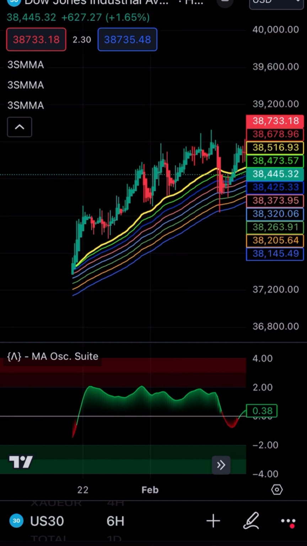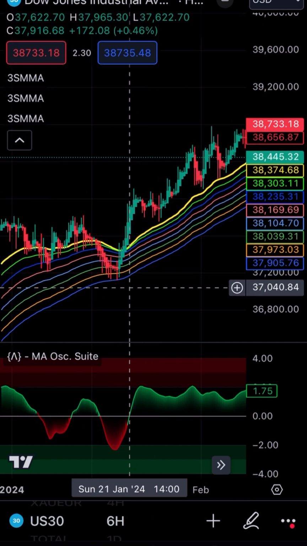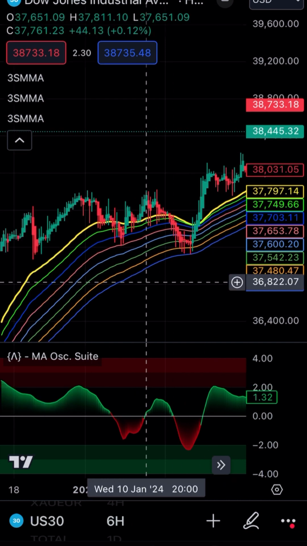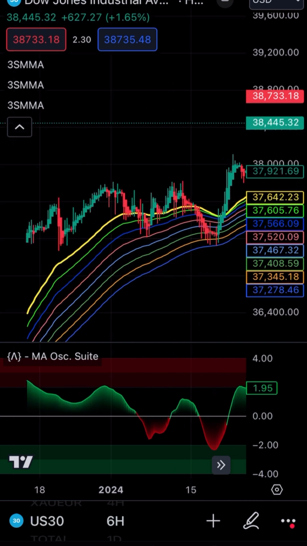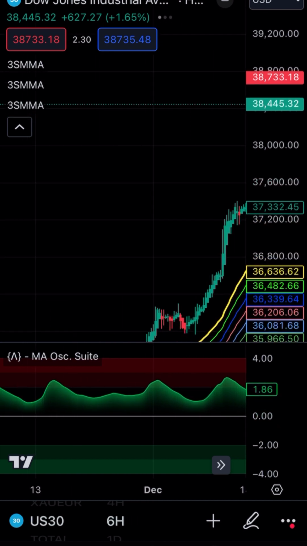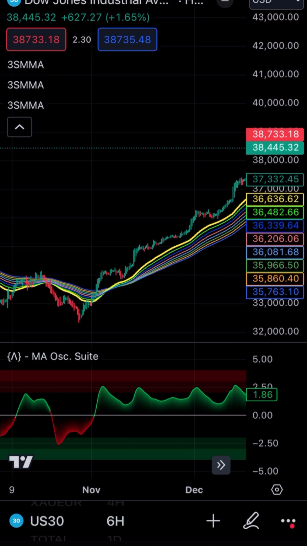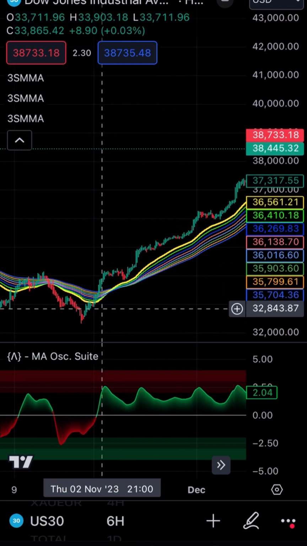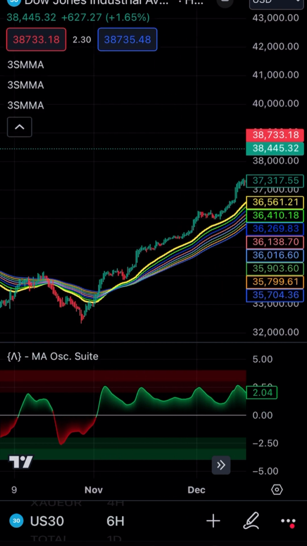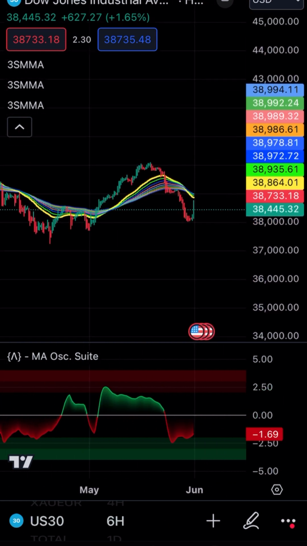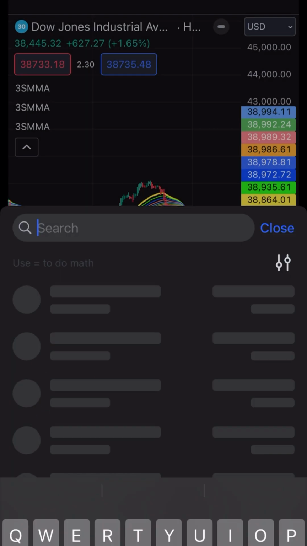There's a brief one right there. And profit right there. Small profit right there. And some pretty huge profit right there. So you see this works really well. You just have to identify the overall trend.